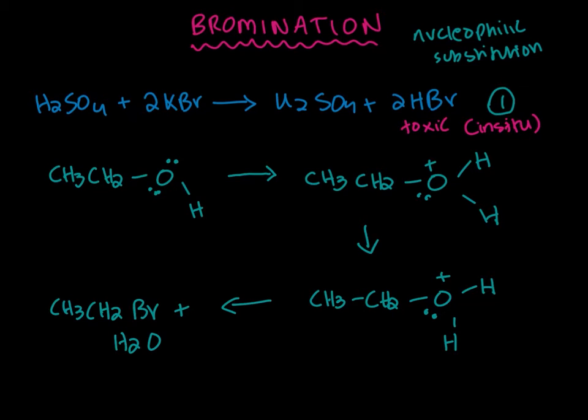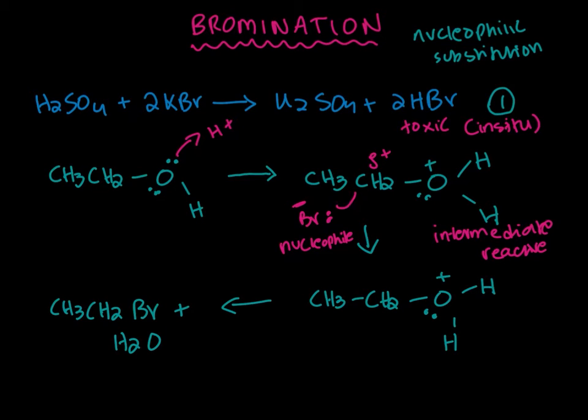In this case, what's going to happen is that the OH is a very poor leaving group, so it's going to get protonated. And because of that, you have this intermediate over here, which is very reactive and very unstable. So this bromine from HBr is your nucleophile, and it's going to be attracted to this partially positive carbon over here.